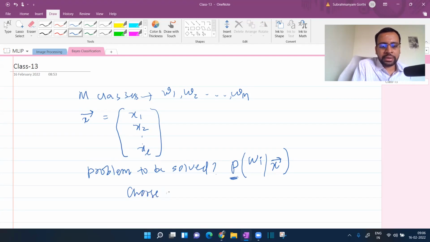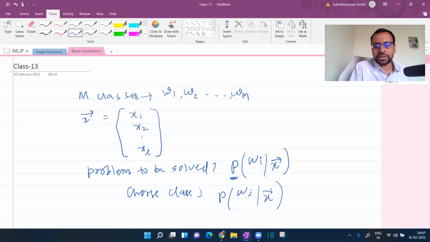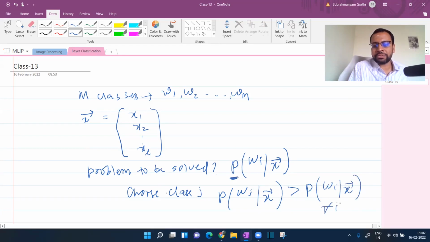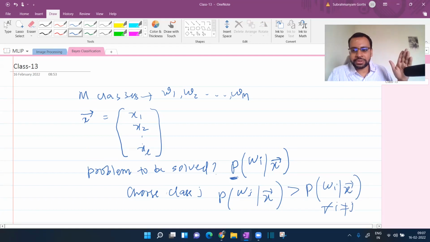A class j for which the probability of omega j given x bar is greater than probability of omega I given x bar, for all values of I that is not equal to j. So for any other class, when you compare it, this should have the maximum value, right? Then you will assign this x bar to that jth class.